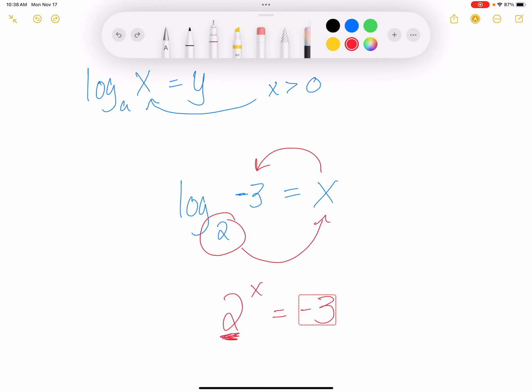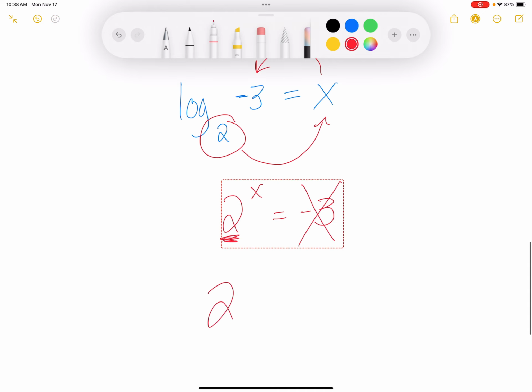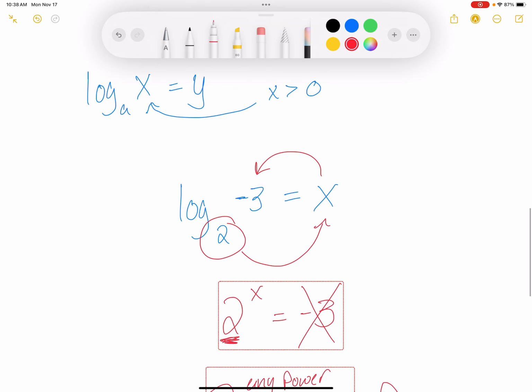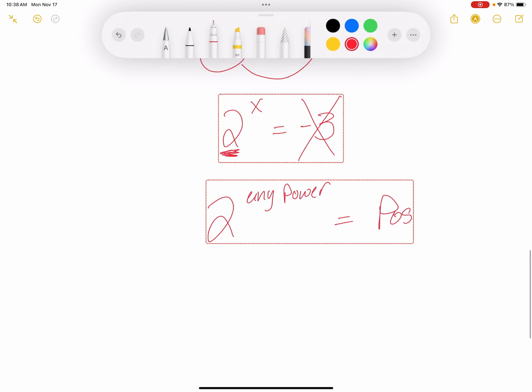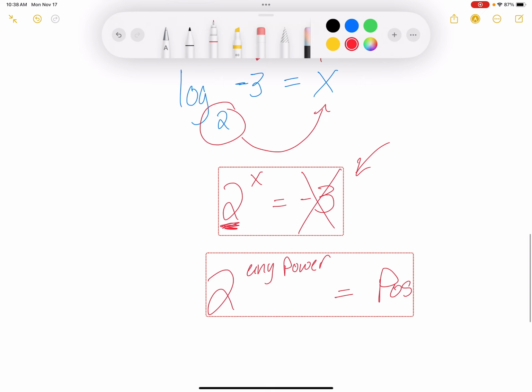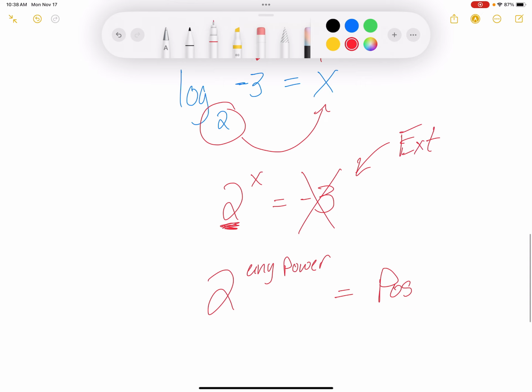But it'll never be negative. So 2 to any power is positive. Therefore, if I have this right here, it would be an extraneous solution.